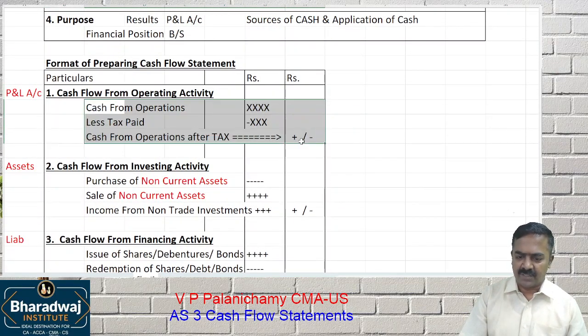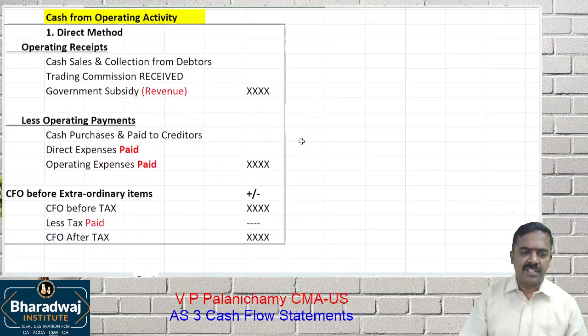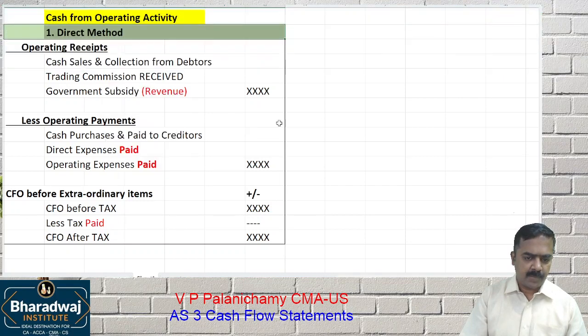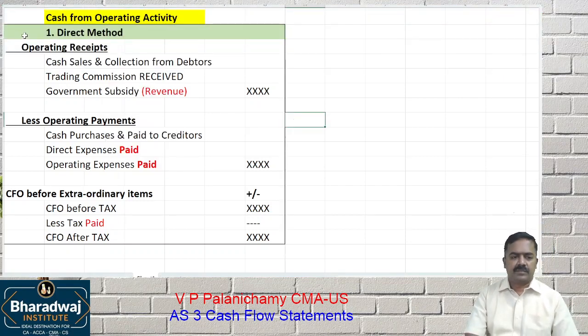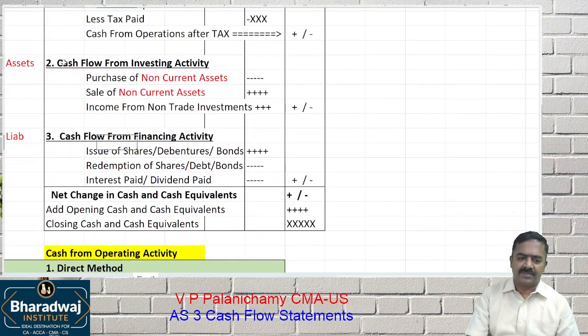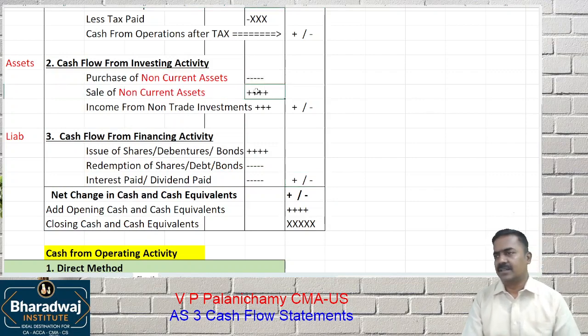So that is the first part. We worked it out under which method? Direct method. For the second and third parts, there is no such method. Directly you work out what is received and collected, what is paid for purchase of assets, and what is sold and realized.